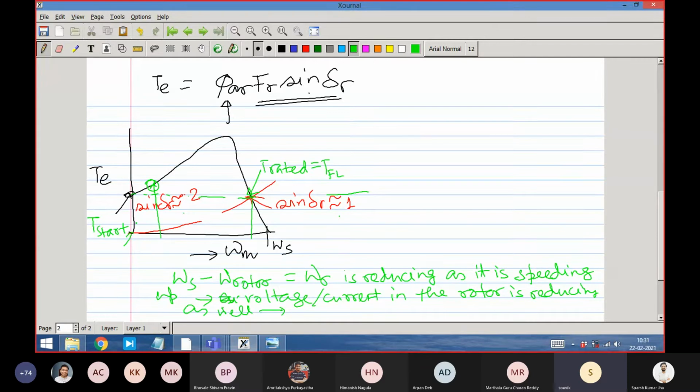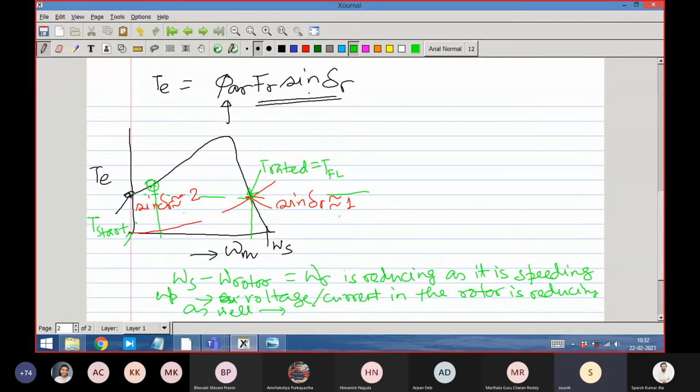The only thing is that it started in a very non-optimum manner. In order to produce the same torque as it would be producing in the full load situation, it drew huge current. We have understood why: at that instant, the angle between the flux and the rotor MMF, these two space phasors, is not good, very nearly equal to 0.2 or 0.1.